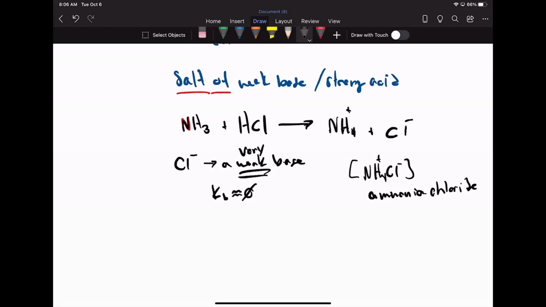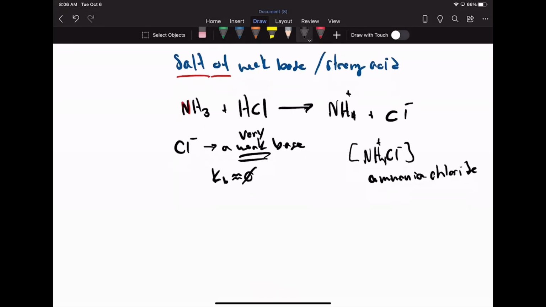So when we're looking at a mixture of a strong acid and a weak base, the result of that is that ammonium is what's going to react with water, right? So we're going to have ammonium plus some water, and that's really what's going to affect the pH.